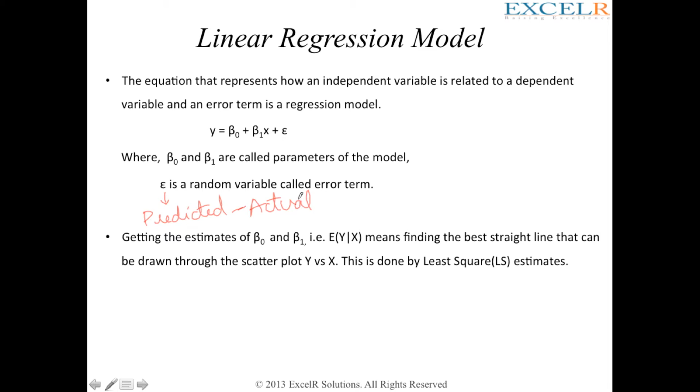Say you're predicting that sales for a specific company for the next quarter would be $1 million. You have predicted this. But would it exactly be $1 million? May or may not be. What if the actual happens to be $0.9 million? Right? Hence, the difference between the predicted value and the actual value will give you the error, which is represented using epsilon.